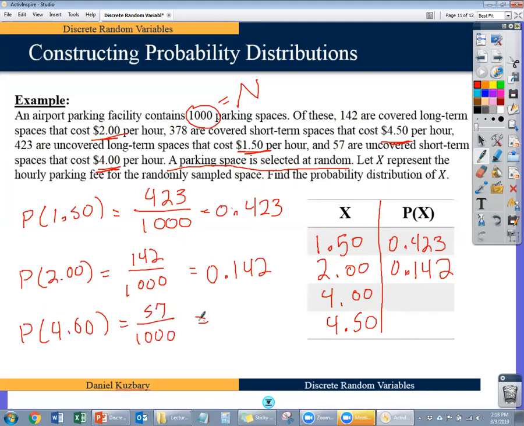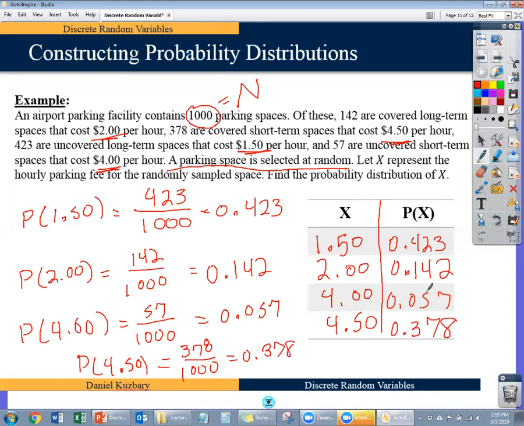Be careful with this one. You want to move the decimal to the left 3 spaces, so it'll be 0.057. And then the probability I randomly select a $4.50 space. That's going to be the number of $4.50 spaces, 378 over 1,000, which is 0.378.